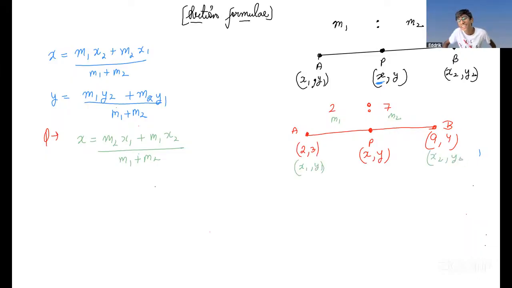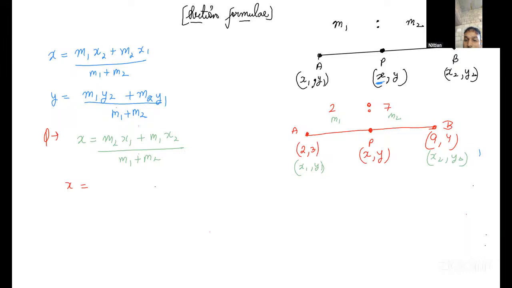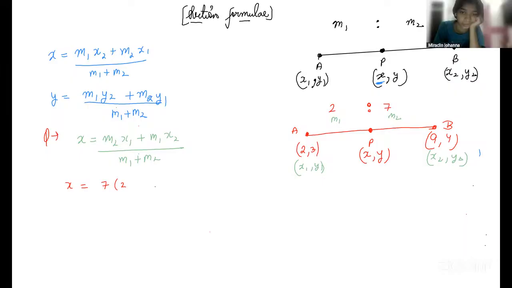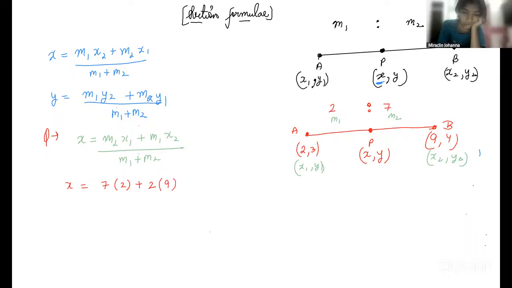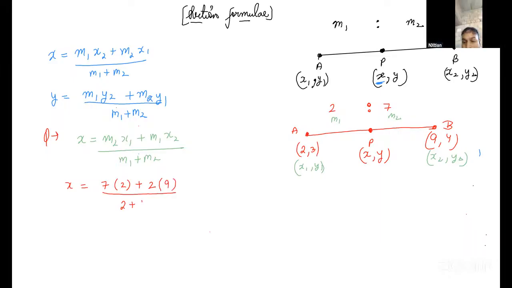So if I put the values into this, X is equal to 7 multiplied with 2, plus 2 multiplied with 9, upon 2 plus 7, because M1 is 2 and M2 is 7.